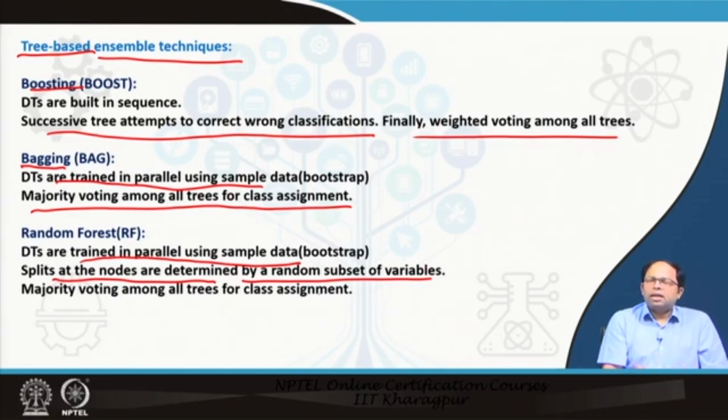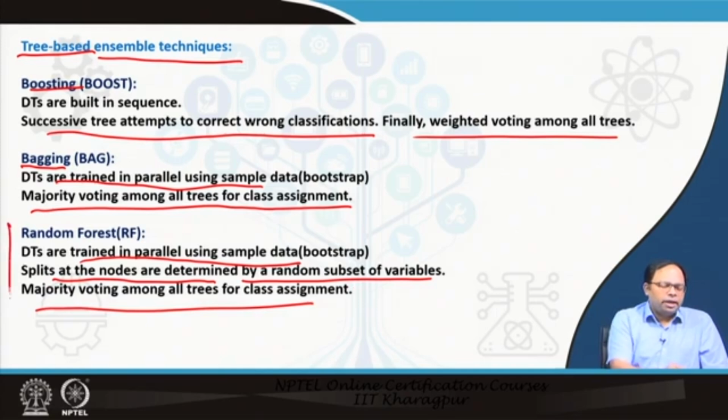So, here it is done randomly, and majority voting on all trees is done for class assignment. Because we are taking the feedback from many trees, of course, the result improves compared to a normal decision tree. So, we have seen in many examples that random forest decision trees have performed very well in the case of mode choice models.